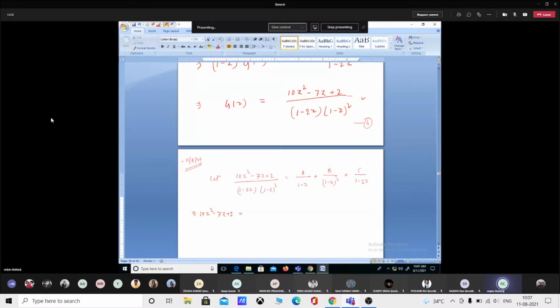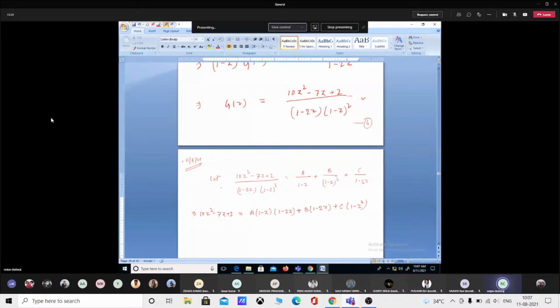And this side we will get A into (1 minus z) whole square, plus B into (1 minus 2z) into (1 minus z), plus C into (1 minus 2z).